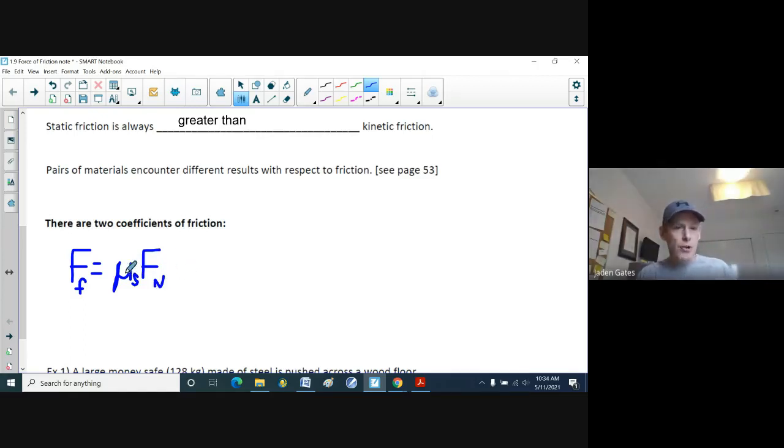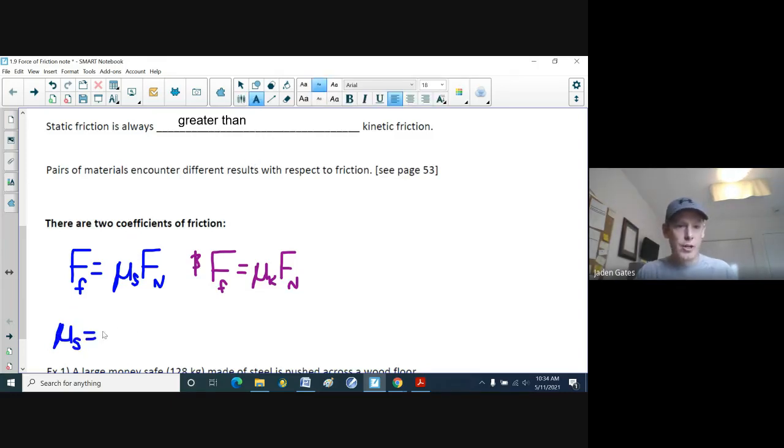I'll get to what mu s is in a second, because it's very similar in that we have a second formula where F f, again our force of friction, is equal to mu k, which is your coefficient of kinetic friction, times Fn.